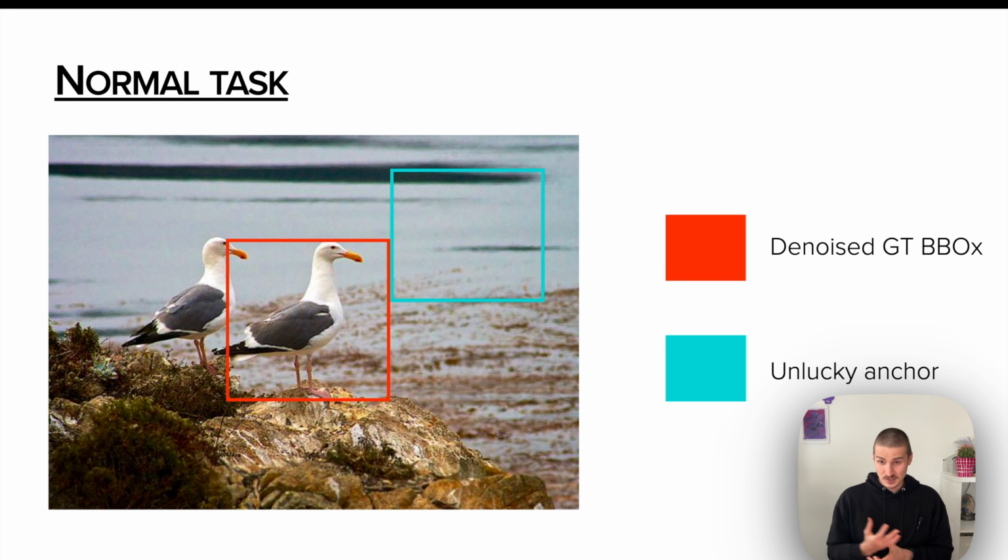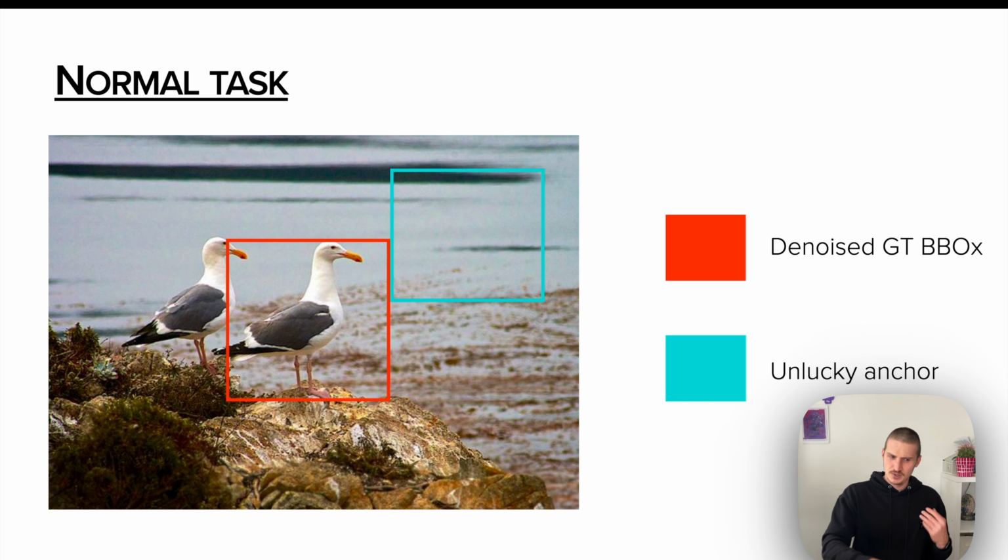But that's not all that happens here. In the normal task, sometimes you would have an unlucky anchor, because again, you'd have like 300 of them, and not all of them actually match anything. And what you want for a query that is unlucky in that way is to not try to predict anything, but just to say that there's no object there.